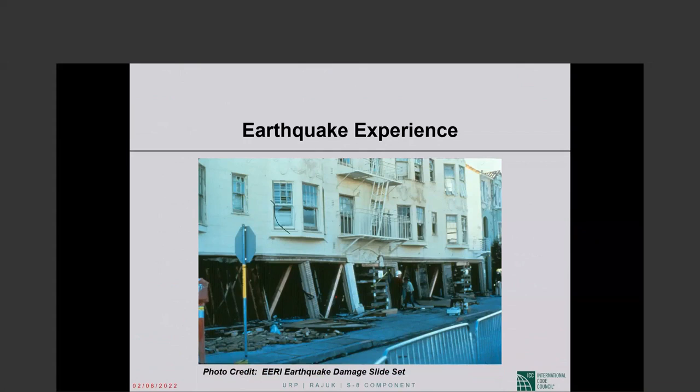When cars came, people made openings in the ground story to have garages. The garages were created by removing walls after the buildings had been constructed, and that produced soft stories. And these buildings with soft stories did not do well at all in the Loma Prieta earthquake, as you would imagine. So the irregularity was the problem.